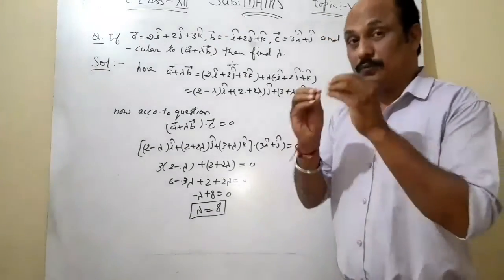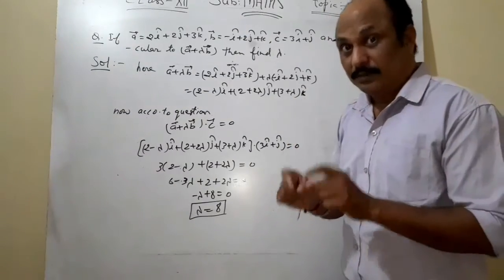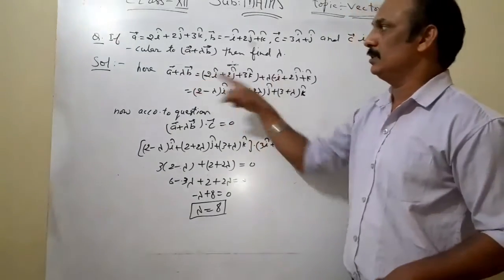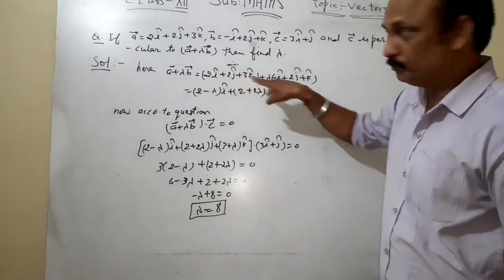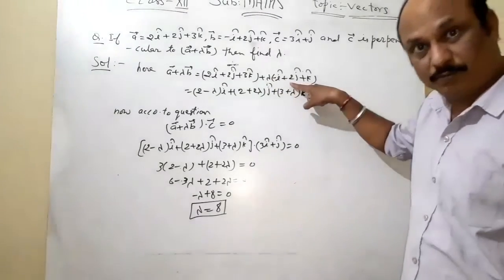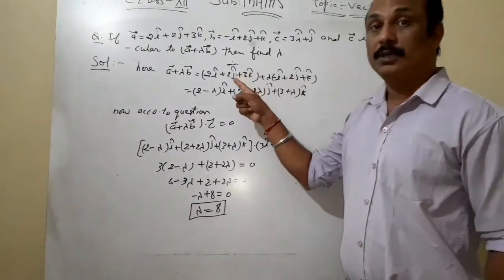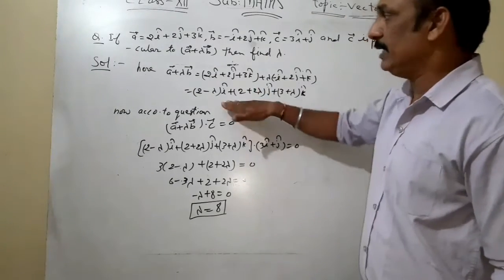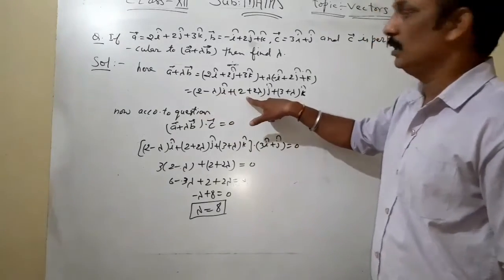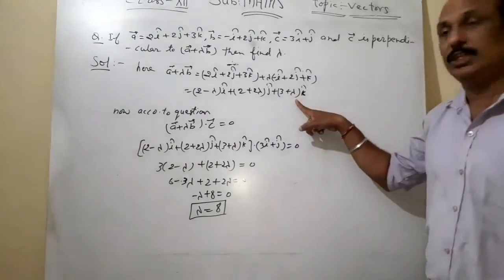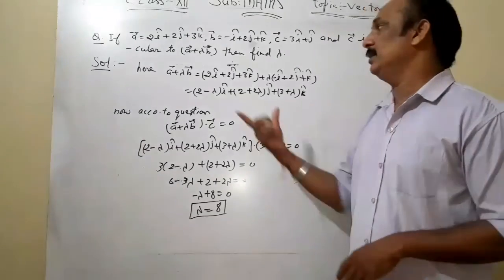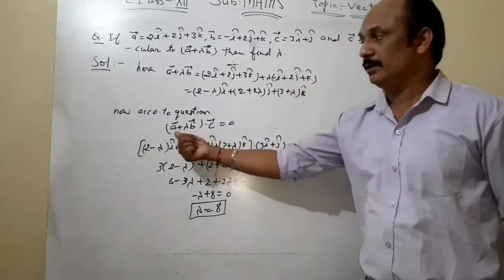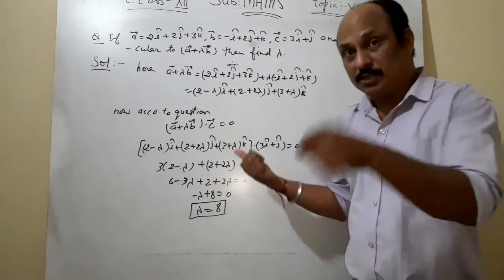First of all we will find the value of A plus lambda B vector by putting the values of A and B. If we solve the brackets, we get (2 minus lambda) i cap, (2 plus 2 lambda) j cap, and (3 plus lambda) k cap. And this value is perpendicular to C, so this dot C is equal to 0.